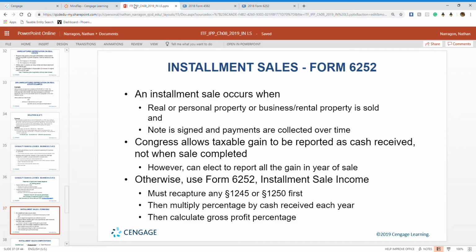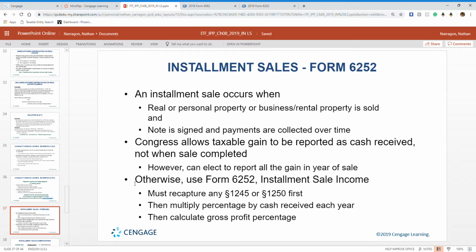So an installment sale really occurs with any real or personal property that is sold on a note, and payments are going to be collected over time. Congress actually allows the gain on these to be reported as cash is received, not when the sale is complete.